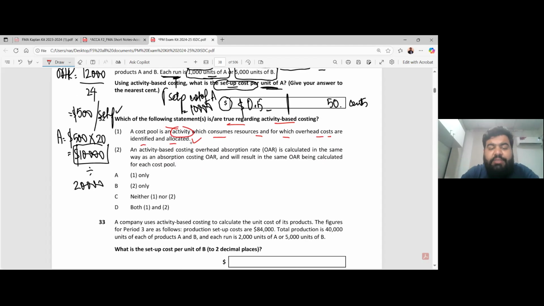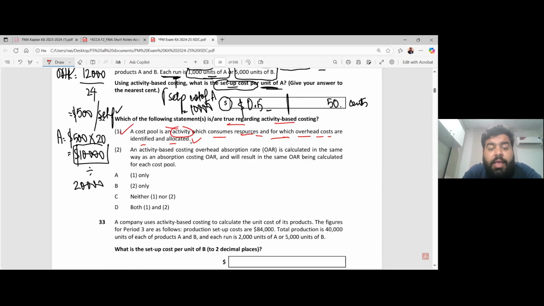Setup is the activity for which obviously a cost driver is being managed. The cost driver is the base that is being used to increase or decrease the cost. Obviously if the base is increasing, cost will increase; if the base is decreasing, cost will decrease. So a cost pool is an activity which consumes resources, yes, for which overhead costs are identified and allocated. So one option is correct.